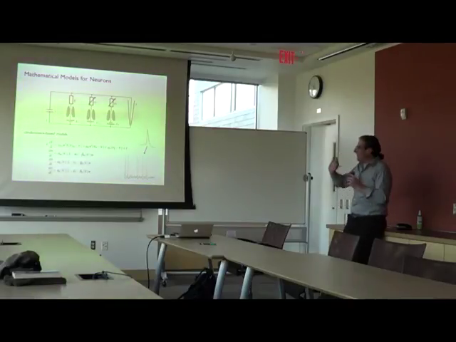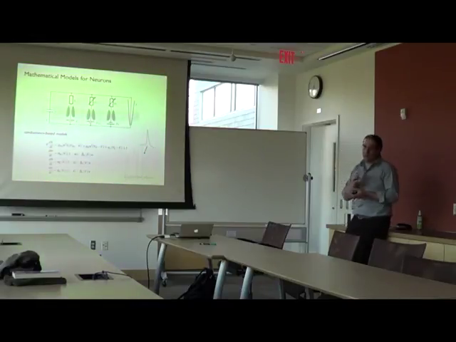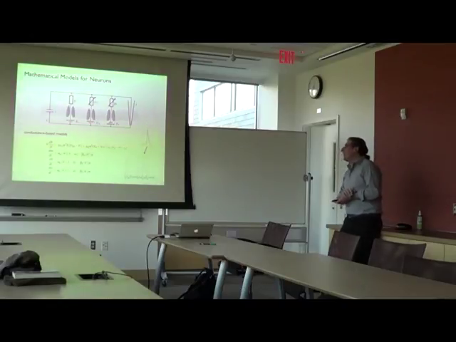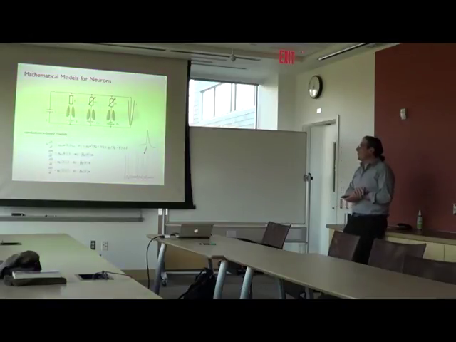So how do we model all this stuff? This is, again, a whole other topic, but I use two different types of models. One are what are called Hodgkin-Huxley type or conductance-based models, which are nonlinear dynamical systems that govern the transmembrane potential. They give you action potentials, and all sorts of different types of currents that are responsible for different aspects.